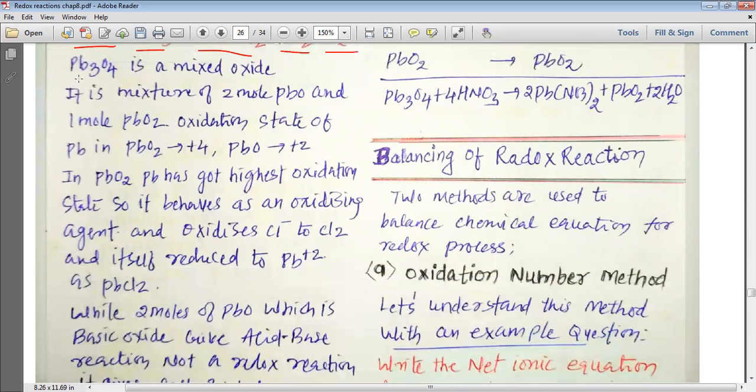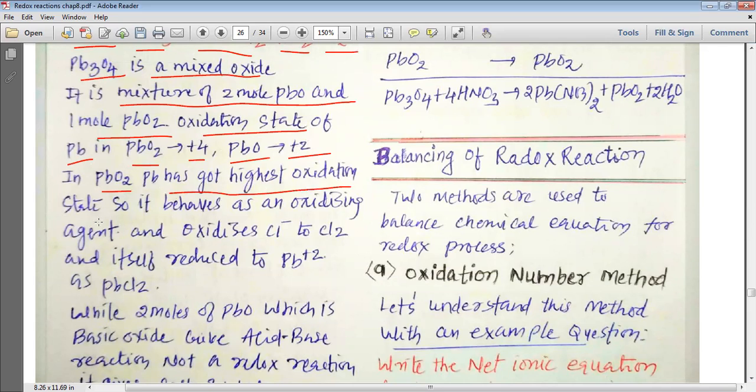We have already studied, my dear students, that Pb3O4 is a mixed oxide. It is a mixture of 2 moles of PbO and 1 mole of PbO2. The oxidation state of Pb in PbO2 is plus 4, and in PbO the oxidation state of Pb is plus 2. In PbO2, Pb is in its highest oxidation state, so it behaves as an oxidizing agent only, because from the highest oxidation state, plus 4, it can only be reduced.